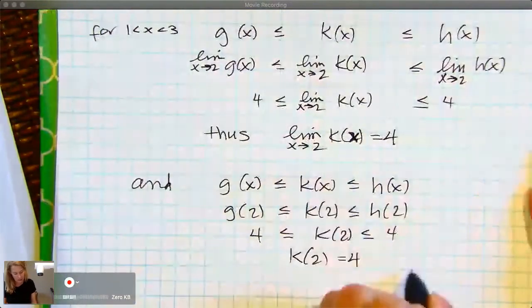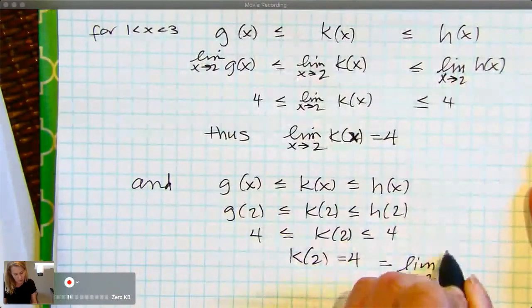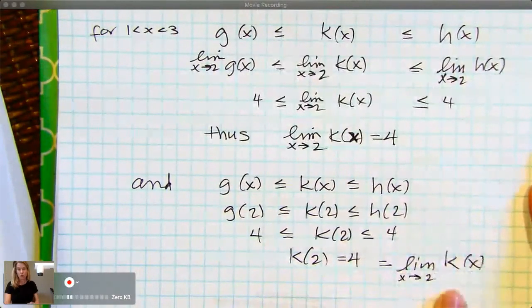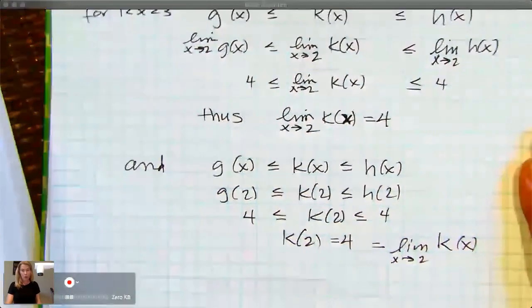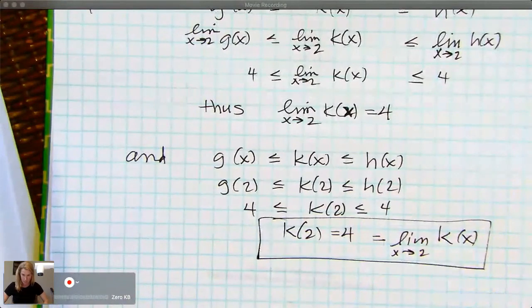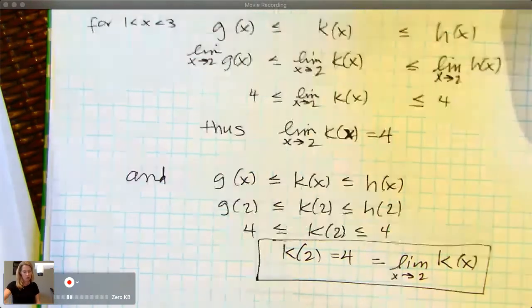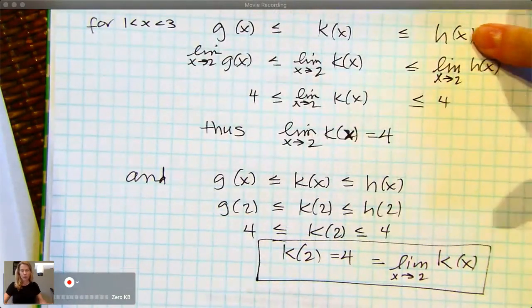And since that limit of k of x as x approaches 2 equals 4, therefore we have proven continuity. Pretty exciting. And really that was all kind of given to us from this initial line right there.